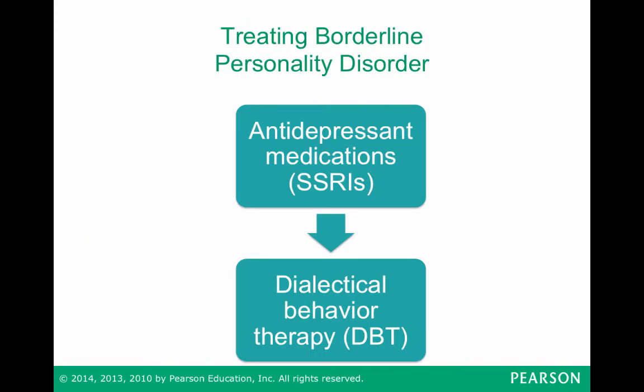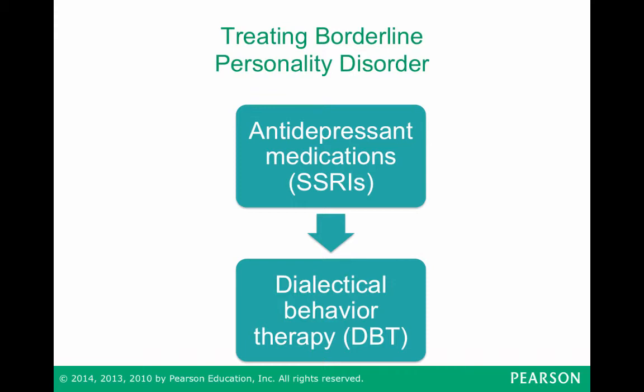Treating borderline personality disorder. Borderline personality disorder is best treated with antidepressant medications, again going back to the SSRIs, the selective serotonin reuptake inhibitors, and then also dialectical behavior therapy.